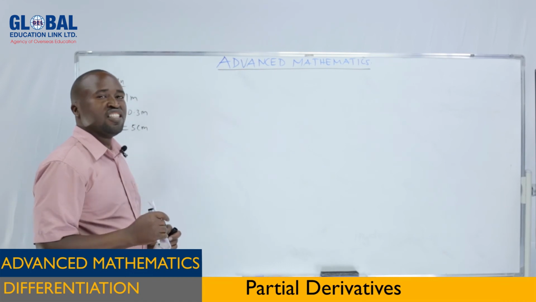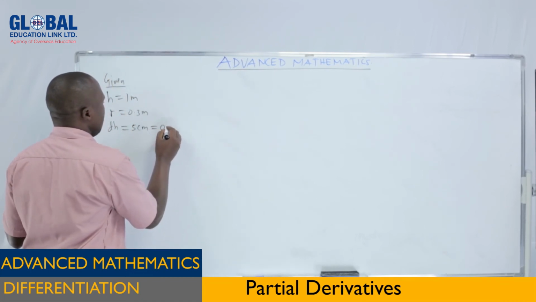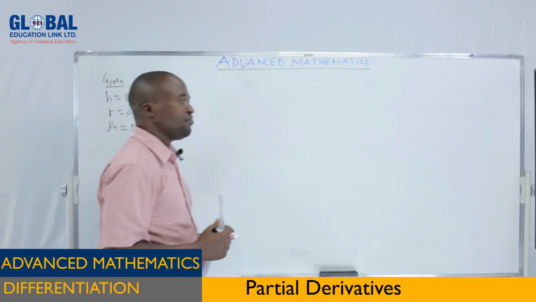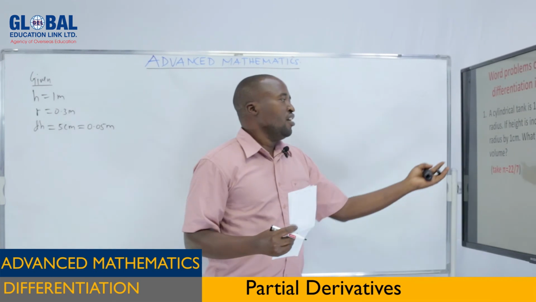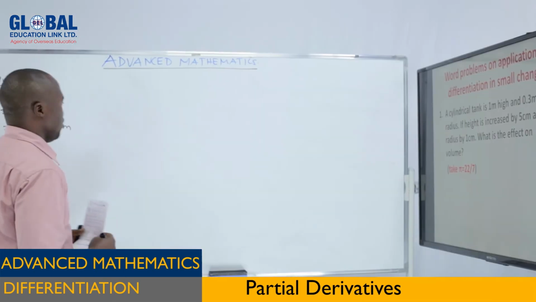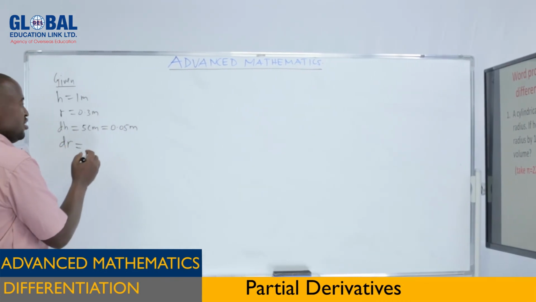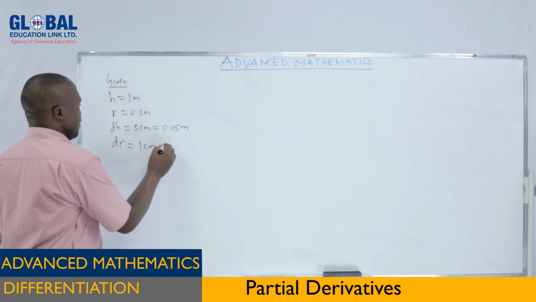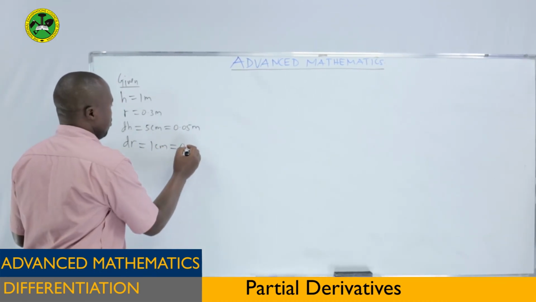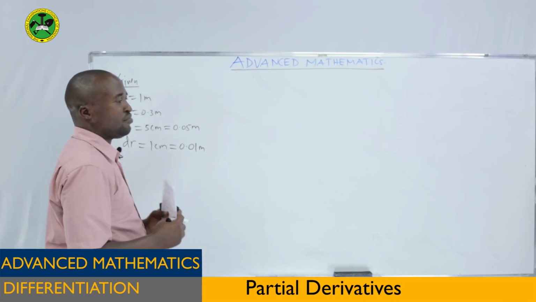We can convert this into meters. So into meters, this one is equal to 0.05 meters. But again, we have the radius, which is increased by 1 centimeter. So this is dr. So dr is equal to 1 centimeter, the same as 0.01 meters.